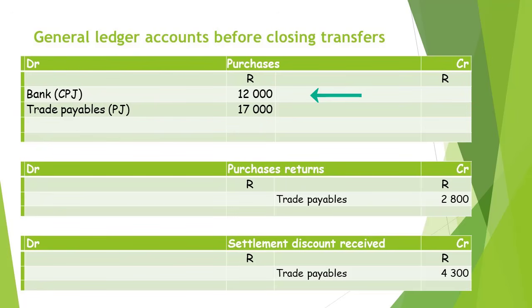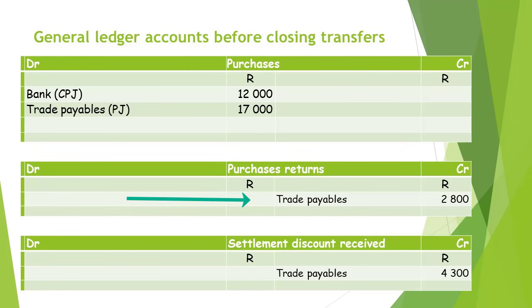The first entry relates to cash purchases to the amount of 12,000 Rand, and the second entry relates to credit purchases totaling 17,000 Rand. The entry posted in the purchases returns account relates to the inventory previously purchased on credit and returned to the suppliers.